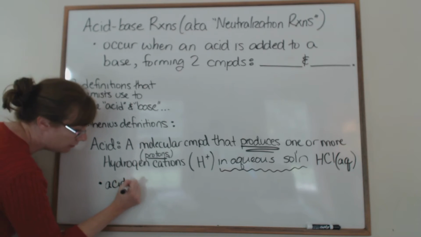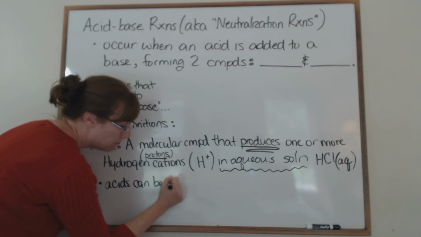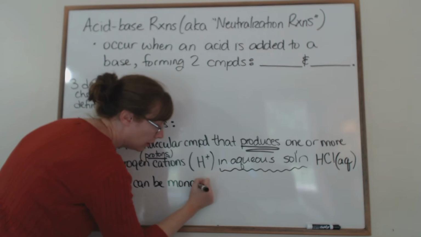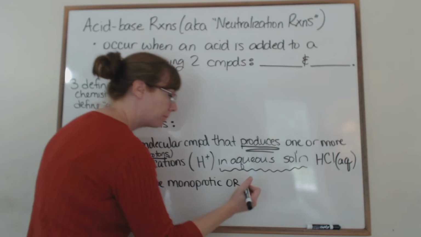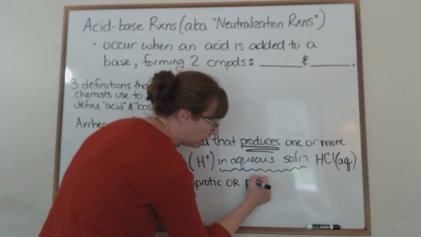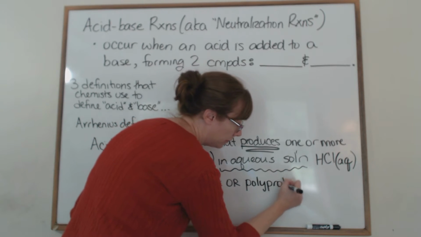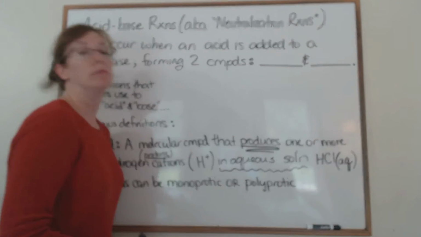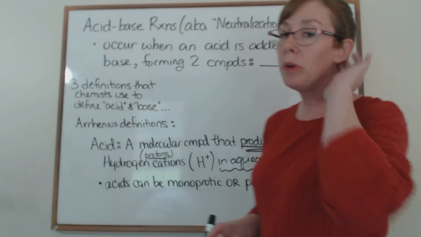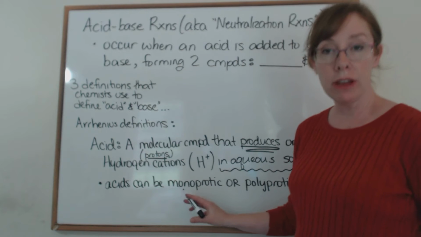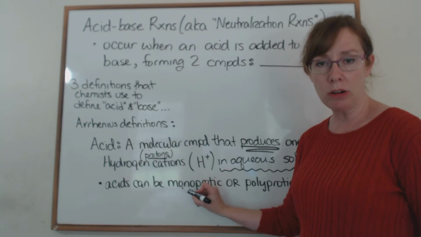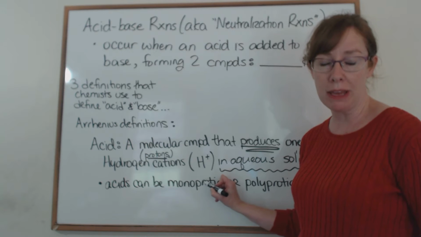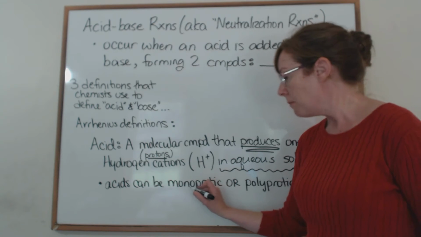Acids can be monoprotic or polyprotic. Monoprotic or diprotic. Hopefully, if you just use your common sense a little bit, you'll know what this means.